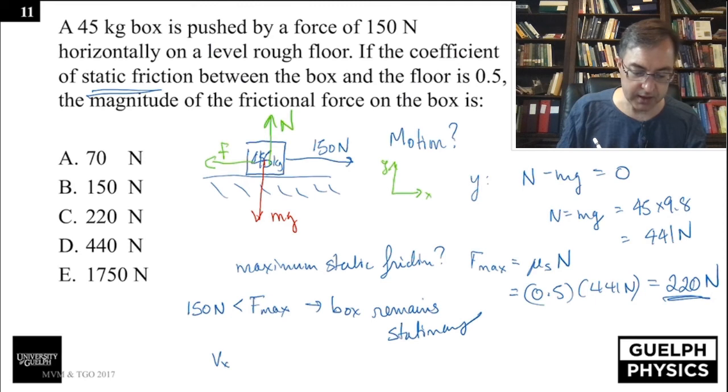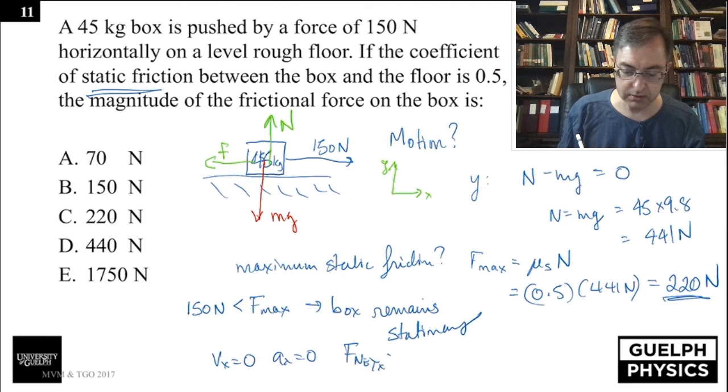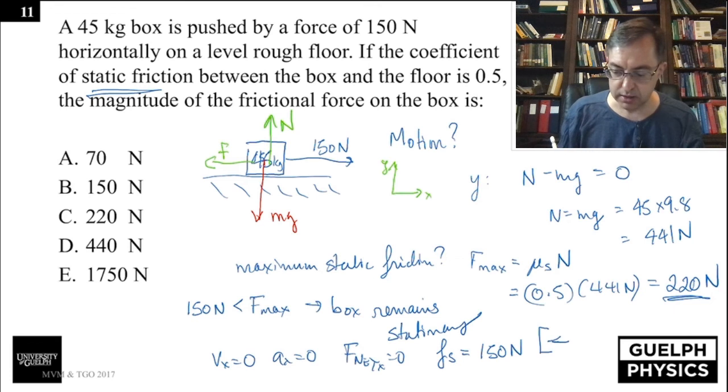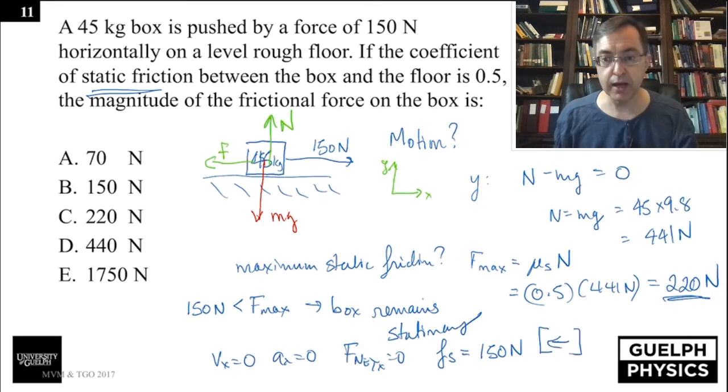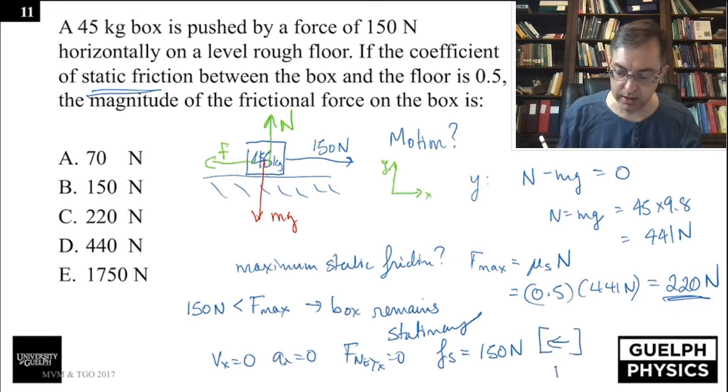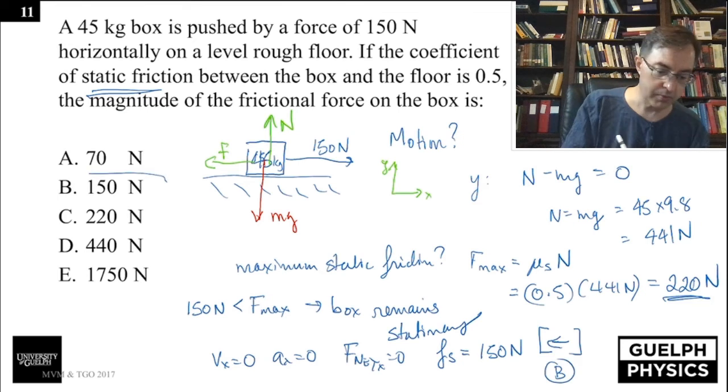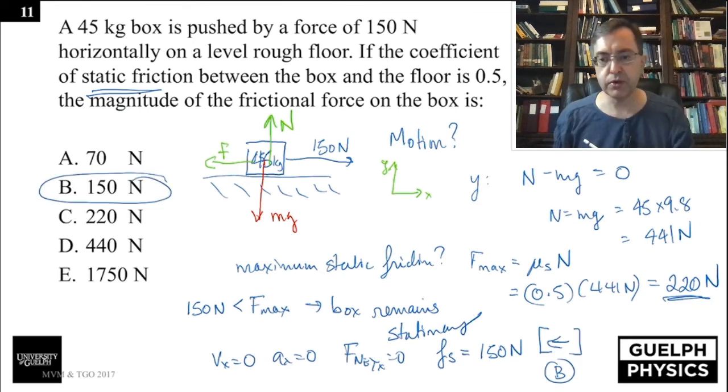And so Vx is equal to 0, Ax is equal to 0, F net x is equal to 0, and as a consequence, Fs is equal to 150 newtons, directed to the left. So the answer here is B, 150 newtons.